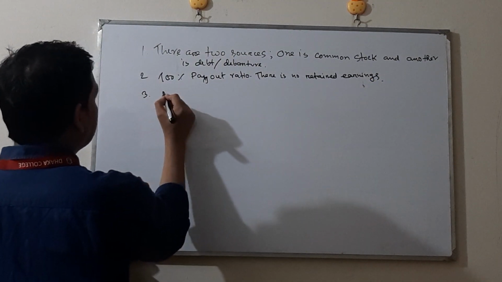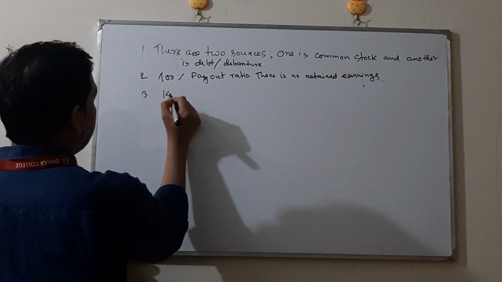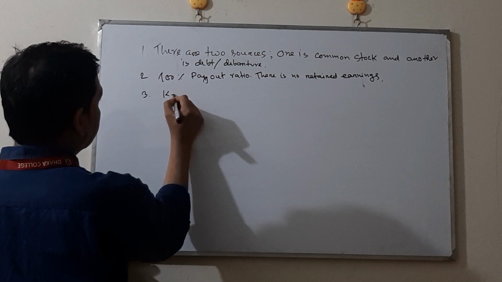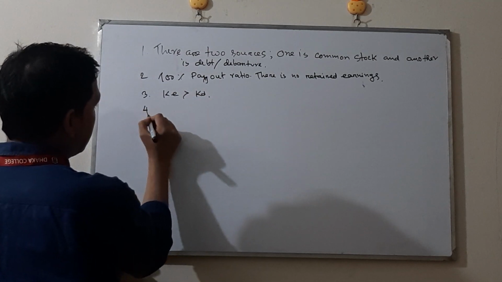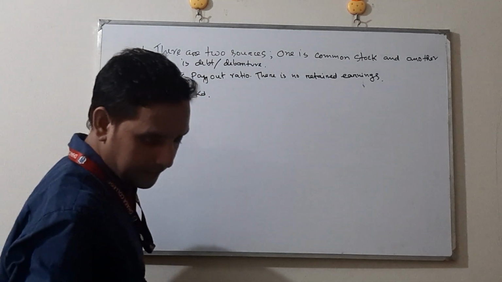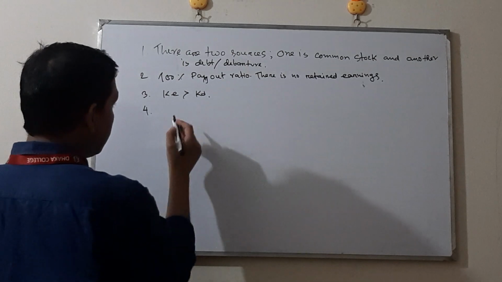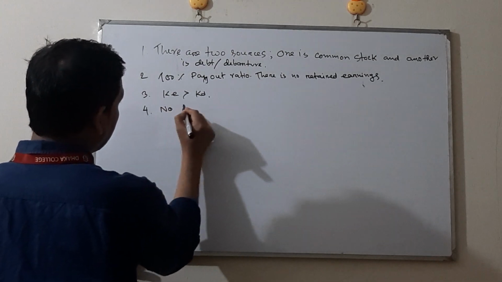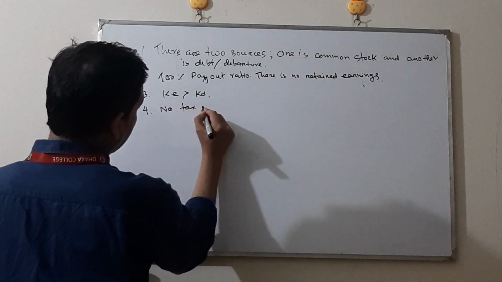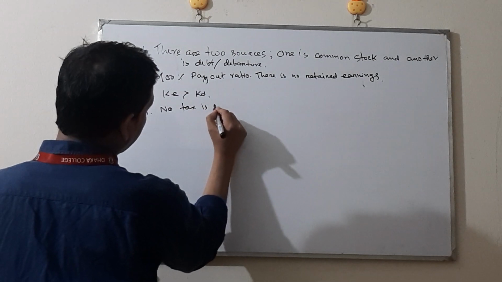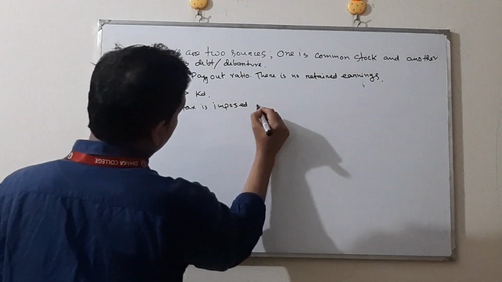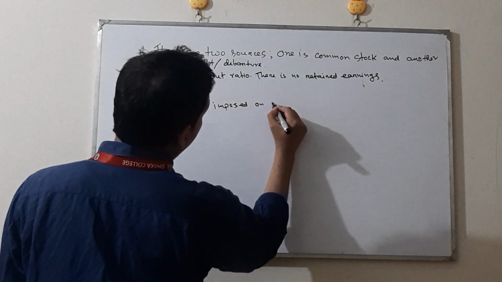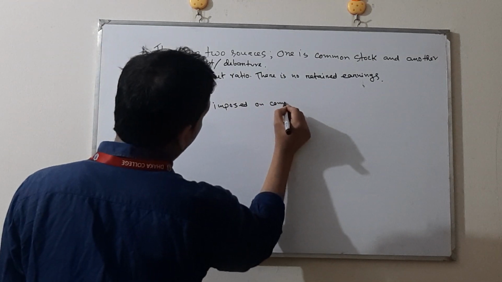Third, always the firm's KE is greater than KD. Four, no tax is imposed on the company's income.